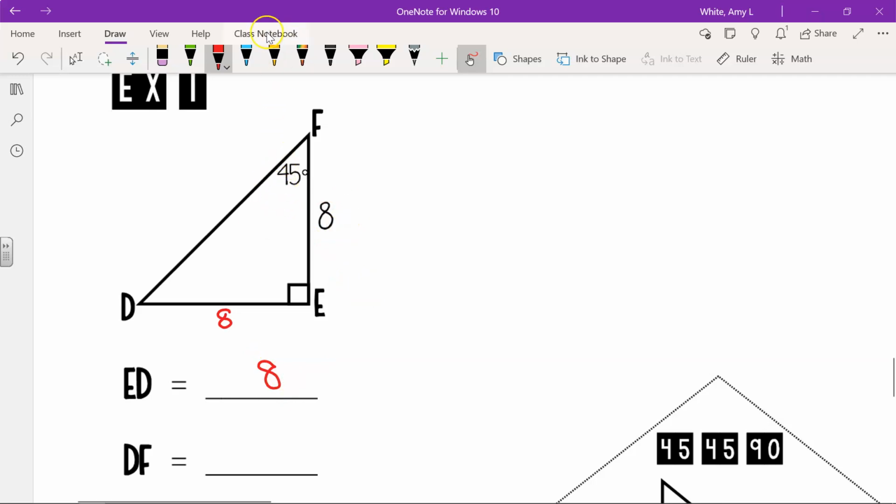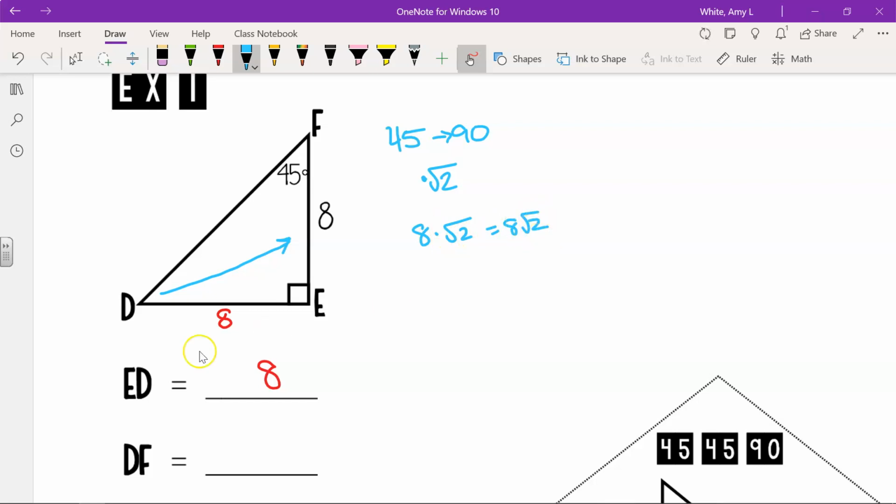In this case, the side they give me is a 45-degree side because it is across from a 45-degree angle. So I'm going from 45 to 90. That means we are multiplying by the square root of 2. So it'd be 8 times the square root of 2, which is just 8 root 2. So our hypotenuse is going to be 8 square root of 2.